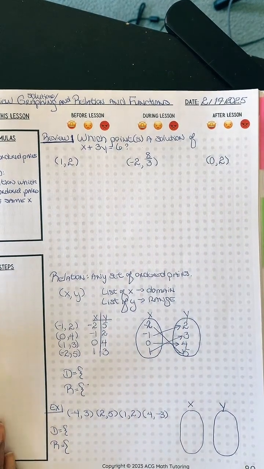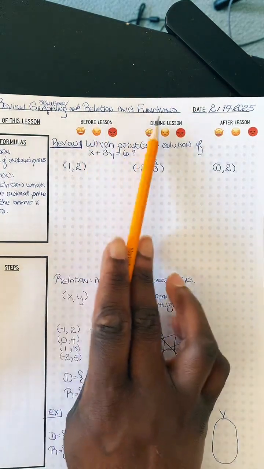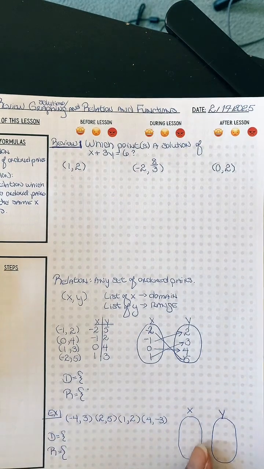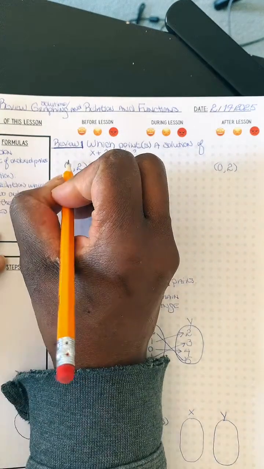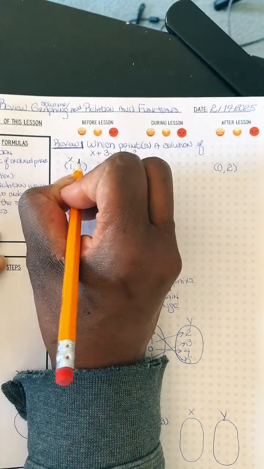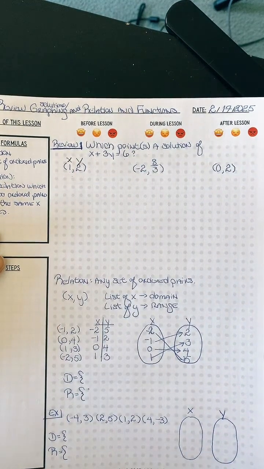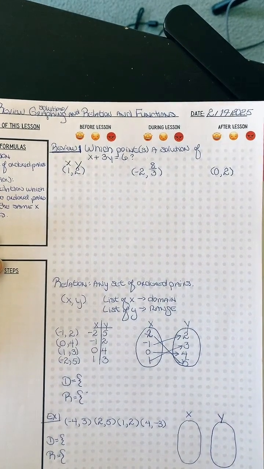Before we get into relations and functions, we're going to substitute. When it comes to ordered pairs, remember your x value comes first, then your y value.